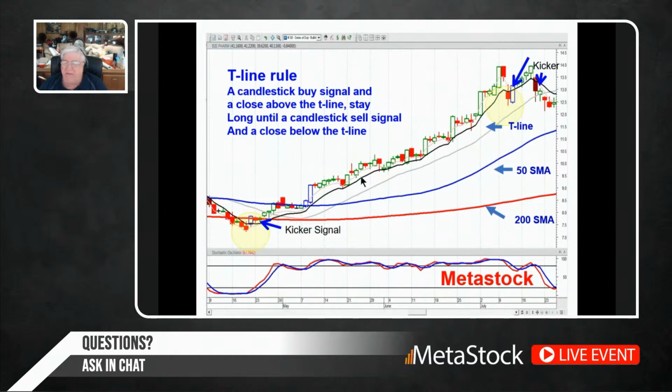It acts like a Fibonacci characteristic, a natural support and resistance level of human nature. So the logic is very simple. If you see a candlestick buy signal and a close above the T-line, the natural support and resistance level of human nature, that combination gives you an extremely powerful trading platform.